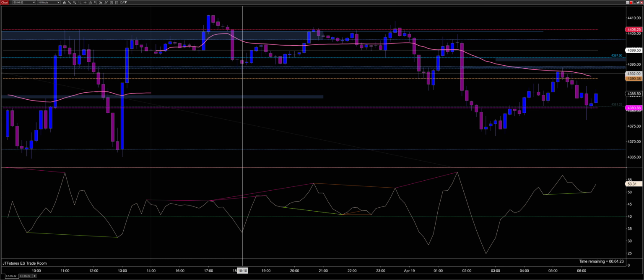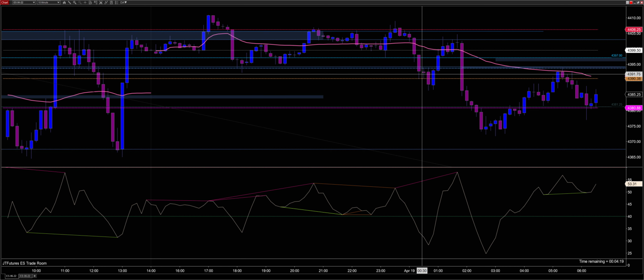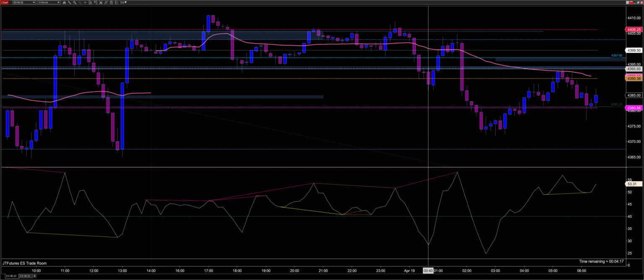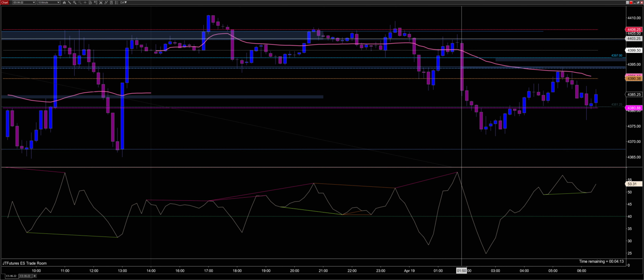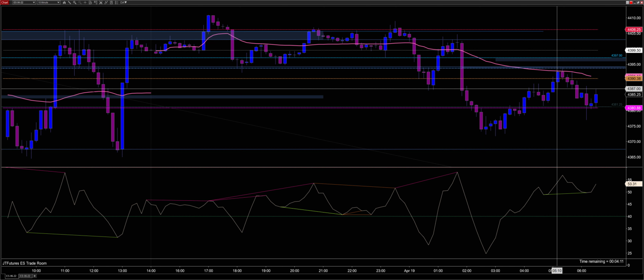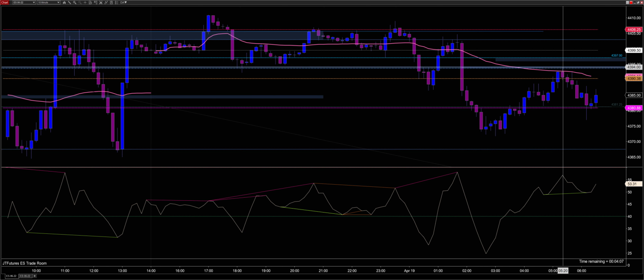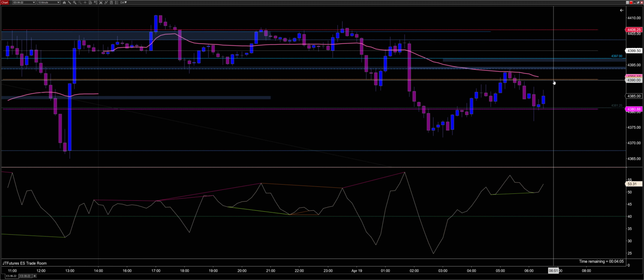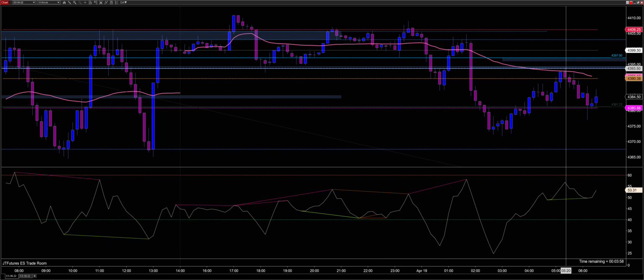Then we probed through it but held above it. And then in the overnight session, we came up and failed from it multiple times until we finally broke through. And then, as you can see, just about an hour ago, we broke all the way through and came back right to it. So I'm going to leave that on there just because it seems to have become a pretty strong zone. So this morning, that zone is still there, 93 to 94, give or take.